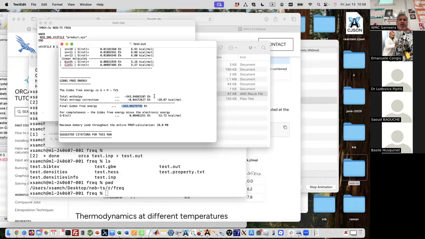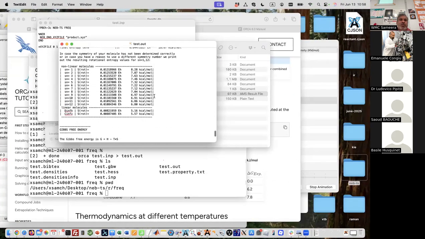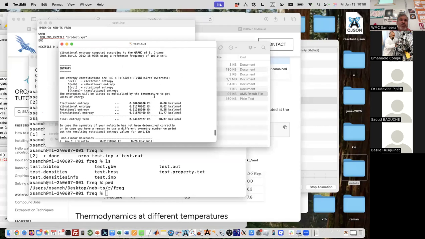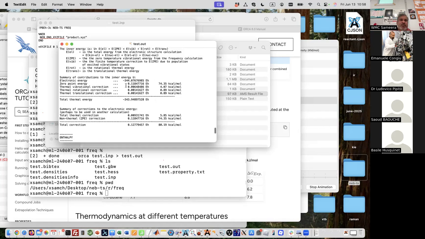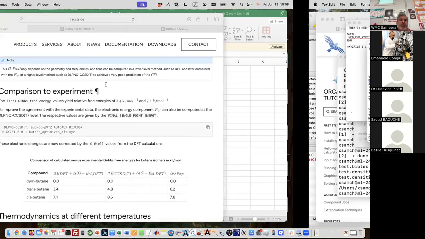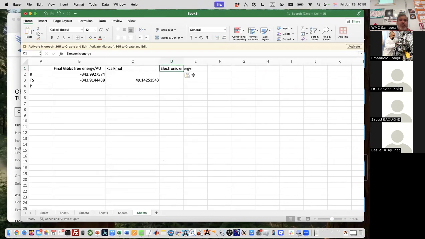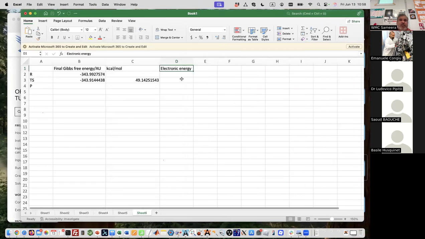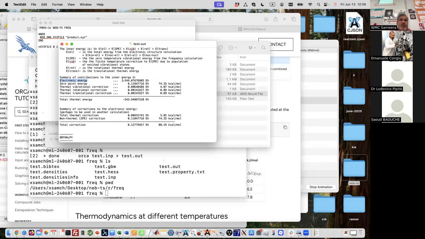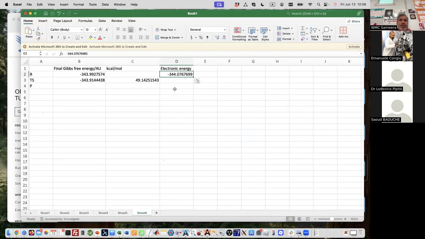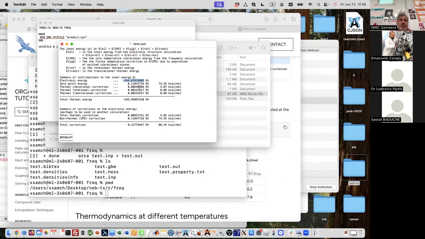So in that case you want to find out the potential energy of your system, which is reported here. This is the electronic energy, and you can take the electronic energy here. This is the electronic energy of the reactant, and of course you must use zero point energy.